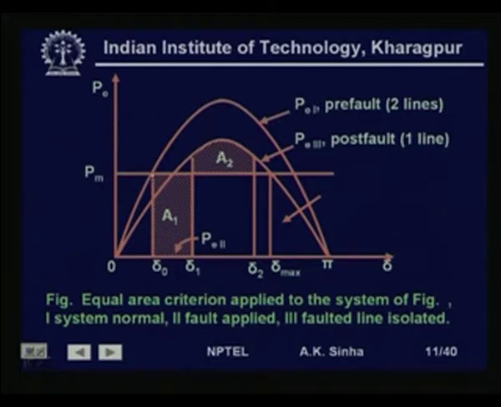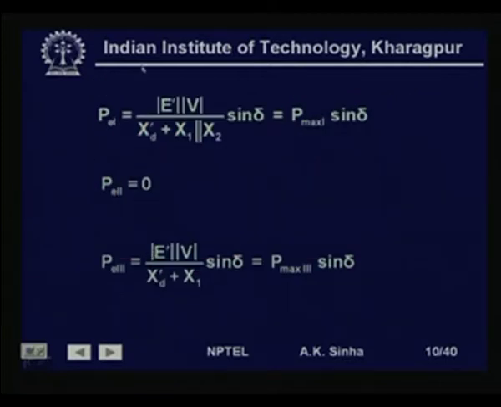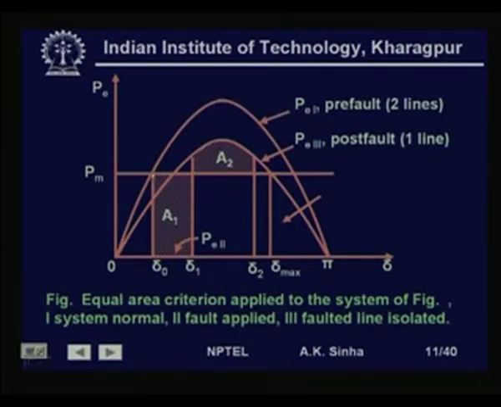Now, at the initial operating point, we have P m and P equal. The angle at that point is delta 0, where P electrical is equal to P mechanical input. When the fault occurs, the electrical power output becomes 0, so the rotor angle will start traversing on this line, and suppose it has reached point delta 1 when the fault is cleared.